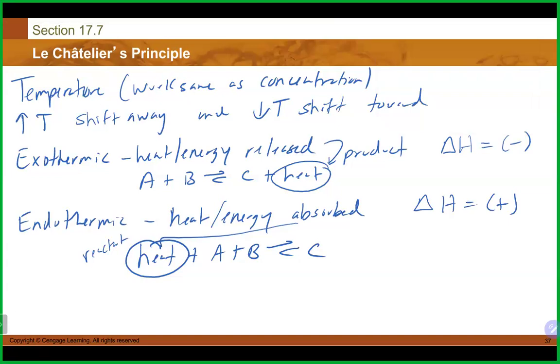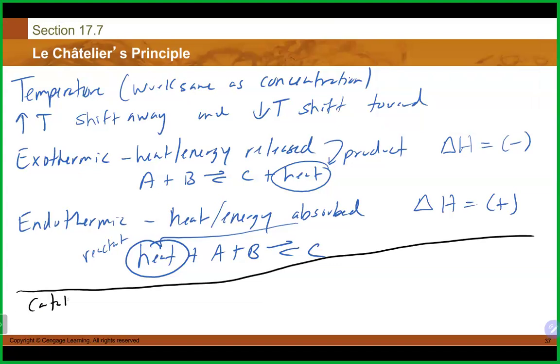And lastly, a catalyst can also be added. That's the last thing that you can do. A catalyst will not affect the equilibrium, and it will cause no change to occur.